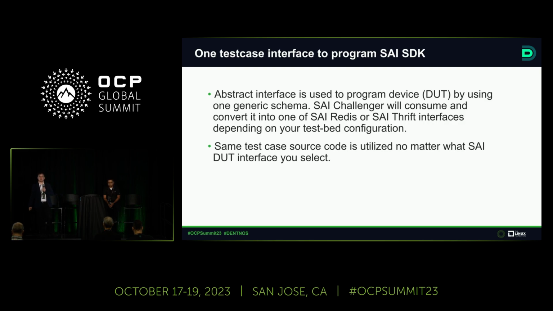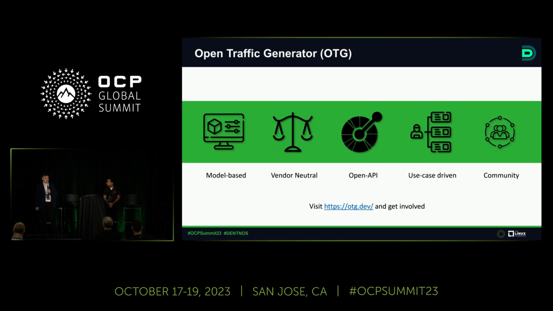And those test cases are not dentOS specific, and this is, I believe, the biggest advantage of those. We want to have this contract signed between NOS vendor and SAI vendor, and work with SAI community, work with OCP community to spread it across other NOS that utilizes SAI.